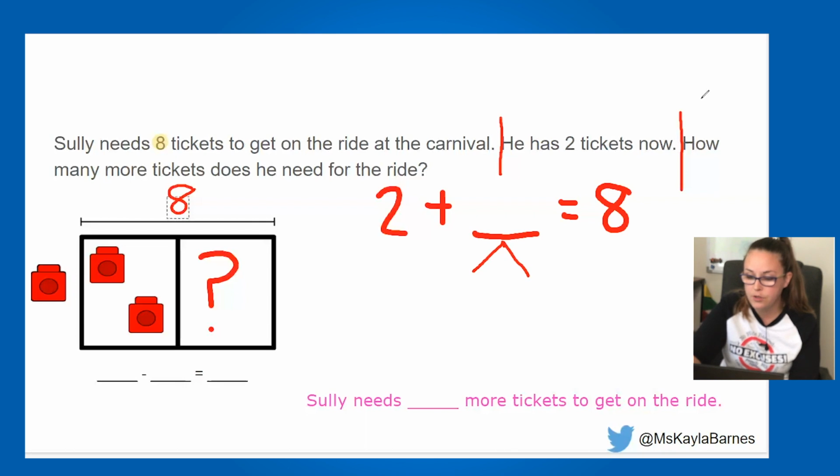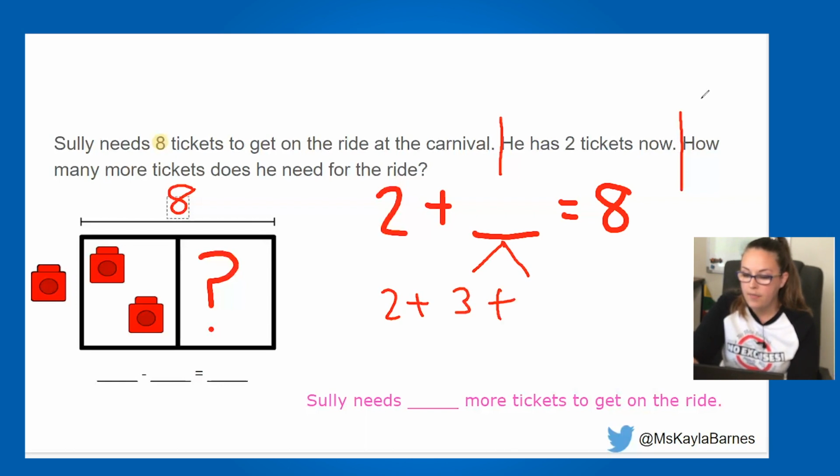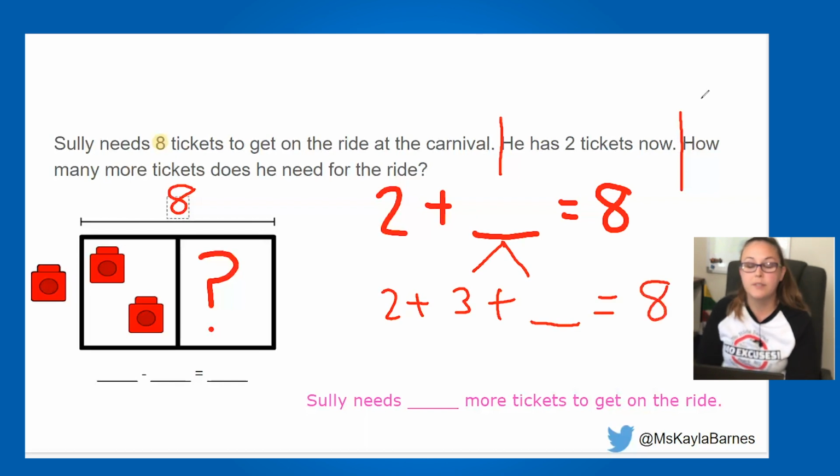So I know that 2 plus 3 equals 5, and that something else plus 5 equals 8.